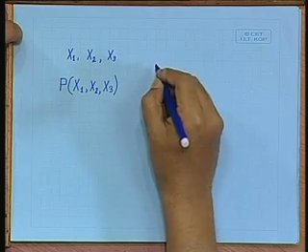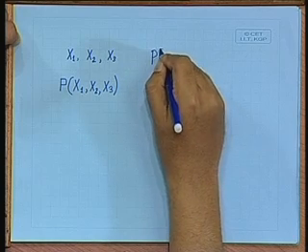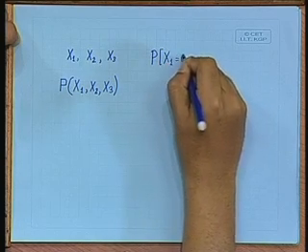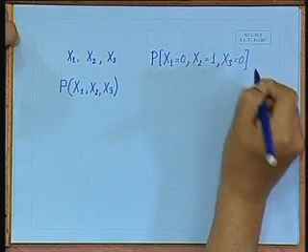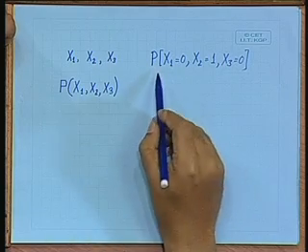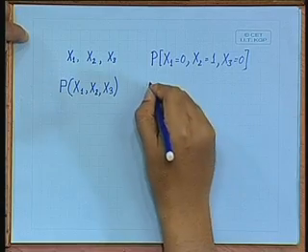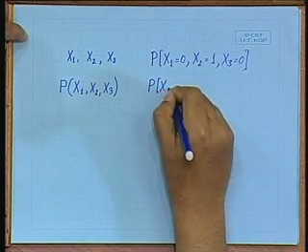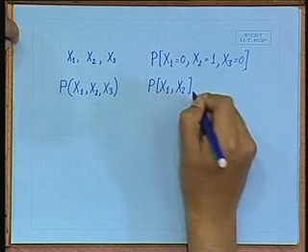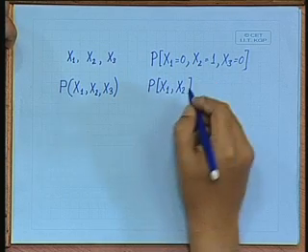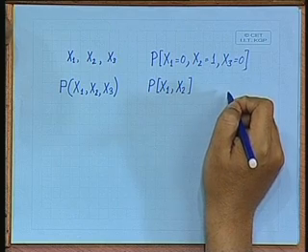So, for example, this distribution will be able to give us the probability that x1 equal to 0, x2 equal to 1, x3 equal to 0. It will also be able to give us the probability of x1 equal to 1, x2 equal to 0 and so on. It is also going to be able to give us the probability of x1 and x2, and what is this? This is the probability of x1, x2, x3 plus probability of x1, x2, x3 bar.